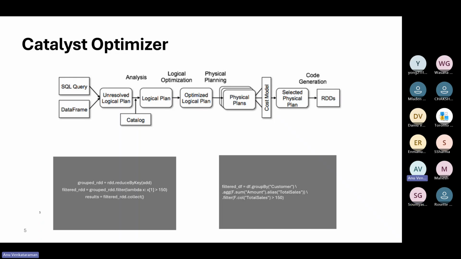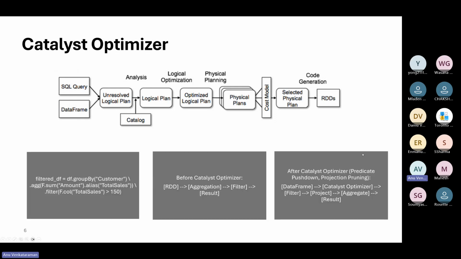Spark creates a physical plan from this optimized logical plan, applies some cost-based optimization, and prepares an optimized physical plan. At the end of this, an optimized query plan is generated, and this is used to generate performant RDD code. So why should we care about it?